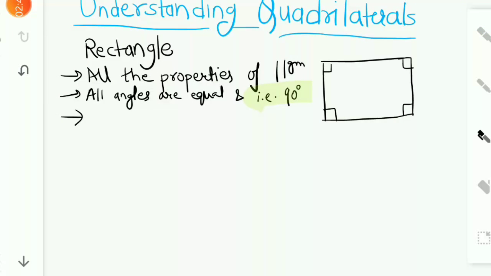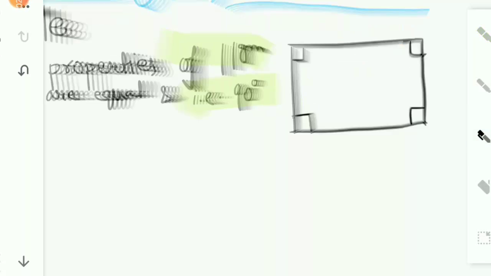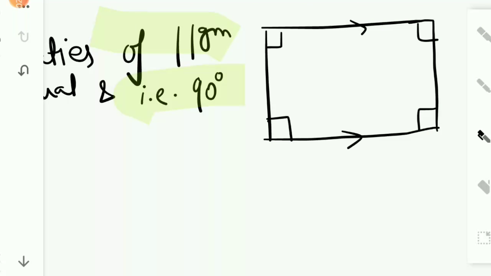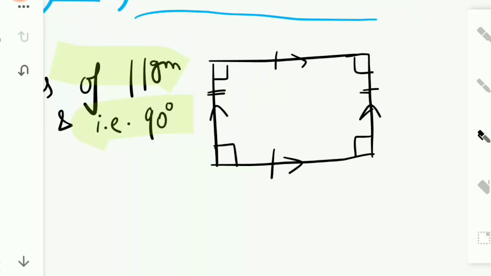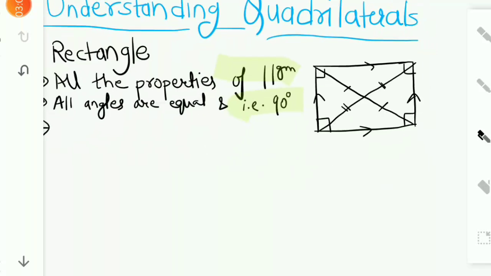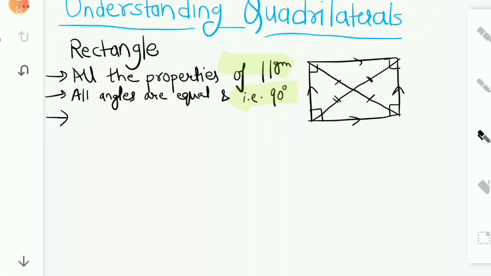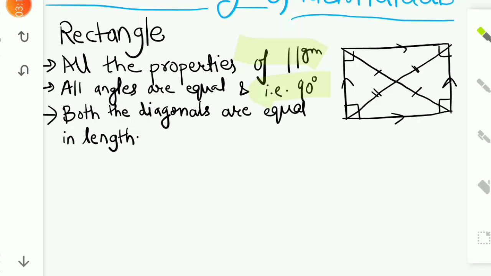All the properties of a parallelogram, that means these two sides are parallel and equal, and these two sides are parallel and equal. Diagonals bisect each other. But here one more thing is that both the diagonals are equal in length.